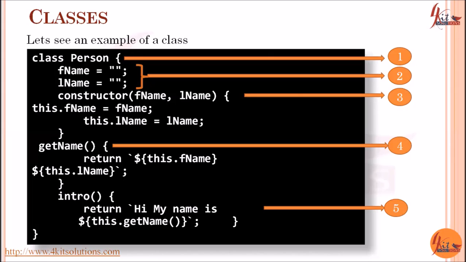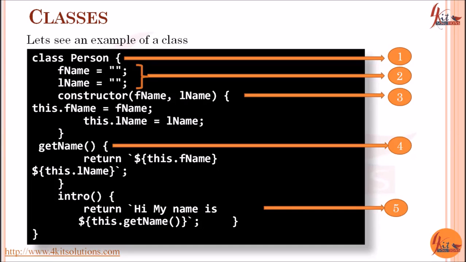A constructor is a special method that is called whenever the class is instantiated, meaning whenever an object of that class is created, the constructor gets called. In this constructor, we are passing two variables, fname and lname. These two variables are used to initialize the instance variables. Here, the this keyword refers to the current object on which the method or the constructor is invoked.